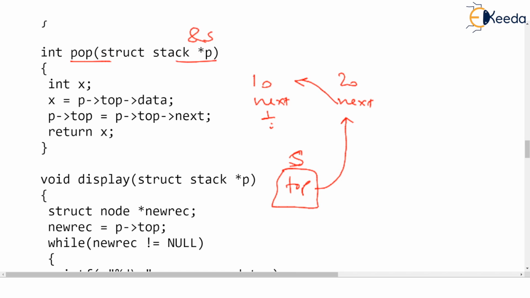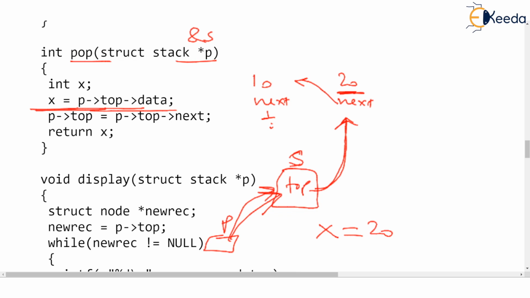So p is pointing to s. Now watch, x is again equal to p arrow top arrow data. Follow the pointers, p arrow top arrow data. This data 20 we are talking about. So x becomes 20. And then p arrow top should change to p arrow top arrow next. But p arrow top arrow next, observe, is pointing to 10. So this top pointer will not point to 20, but it will point to the node which stores 10.